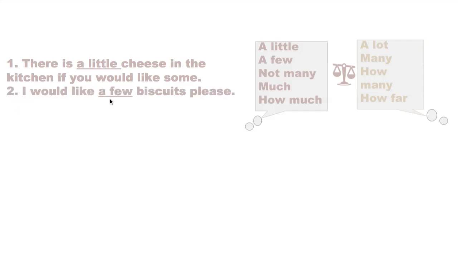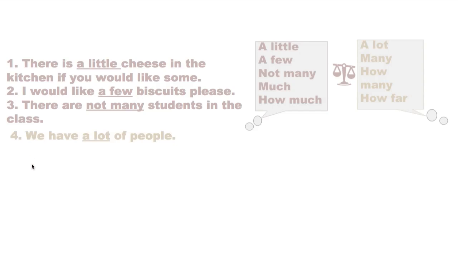Number 2, I would like a few biscuits, please. Again, alluding to smaller quantity. There are not many students in the class. Whereas if you contrast that with the larger quantities, we have a lot of people.